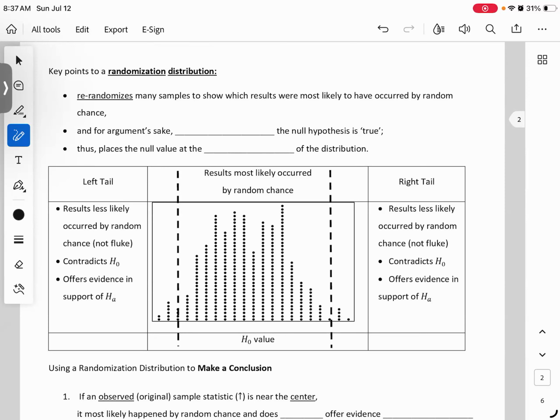And we are going to always imagine ourselves being on team HA, trying to argue for the alternative. But if you've ever been in an argument, one of the best ways to win, if the other person really believes that they're right, is to go ahead and assume that they are correct. Say, okay, well, let's just assume that the other person is correct. We know they're not, but let's just assume that they're correct.